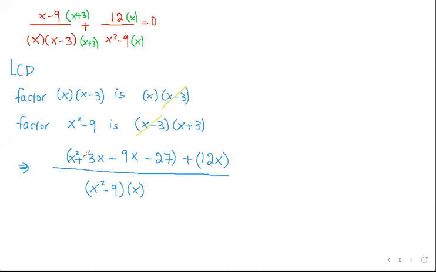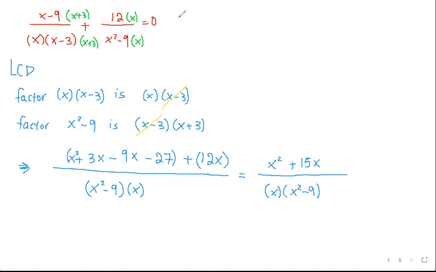Now we simplify it more. This is like polynomial plus polynomial, like we learned in previous sections. I have here x squared, keep it x squared. I have 3x, minus 9x, plus 12x.